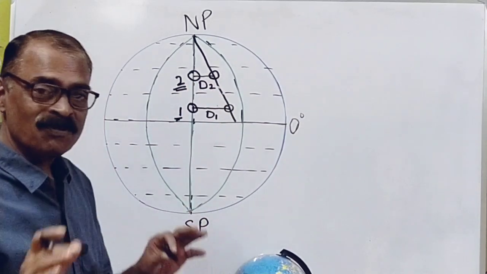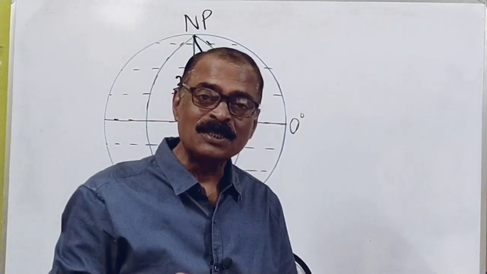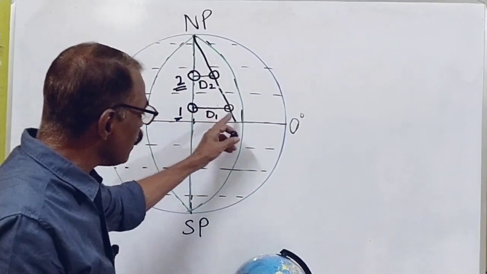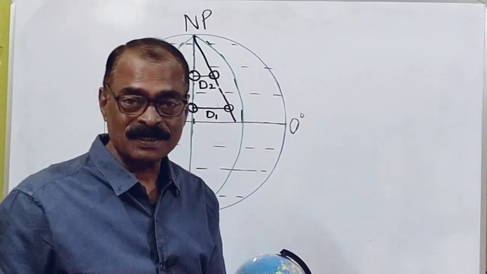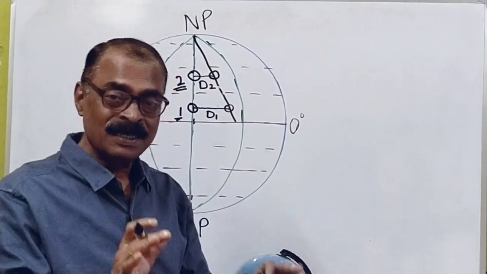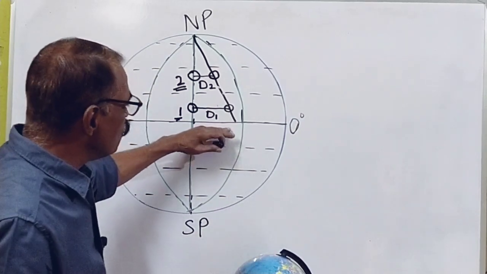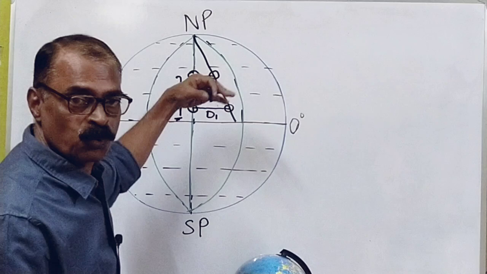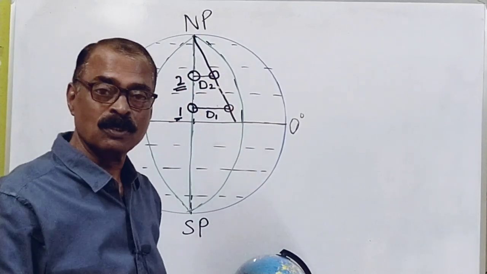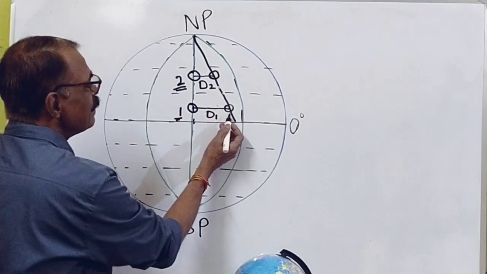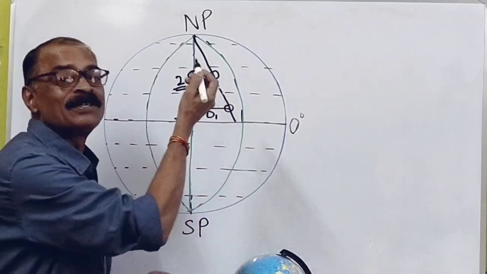Now it is quite obvious that D1 is more than D2. It means this object has traveled more distance and this object has traveled less distance. So as you move from the equator towards the poles, whether towards the North Pole or the South Pole, the rotational speed of the Earth keeps reducing.